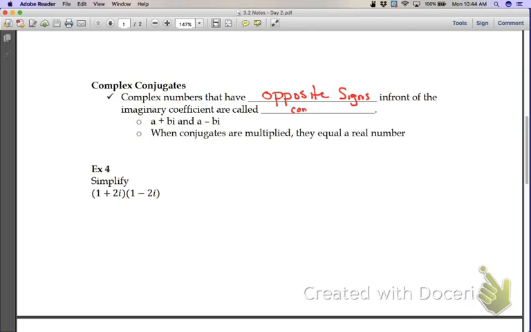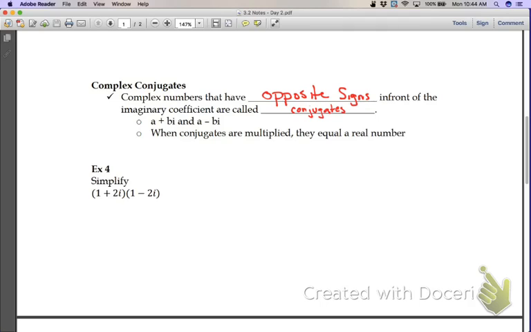What you can do is the same thing with square roots. So if we have a square root in the bottom side of a fraction, in the denominator spot, you can multiply by its conjugate as well. So if a plus bi and a minus bi multiply together, those are conjugates.